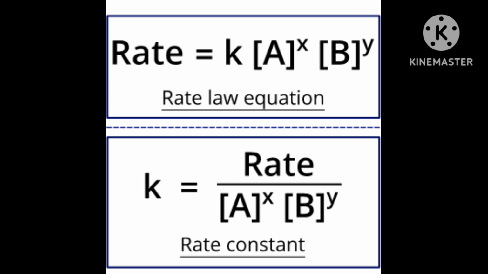after looking at the results that when the concentration of NO is doubled and that of oxygen is kept constant, the initial rate increases by a factor of 4. It increased 4 times, from 0.096 to 0.384. Thus, this indicates that the rate depends upon the square of the concentration of NO. 4 times is NO power 2, correct?